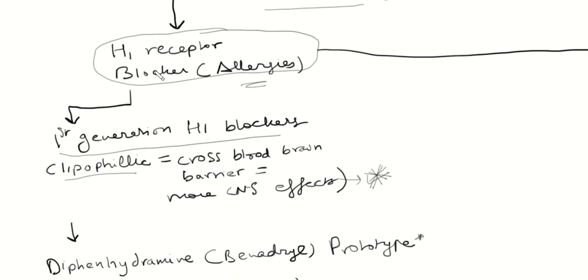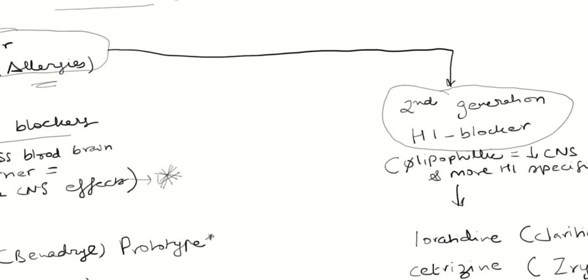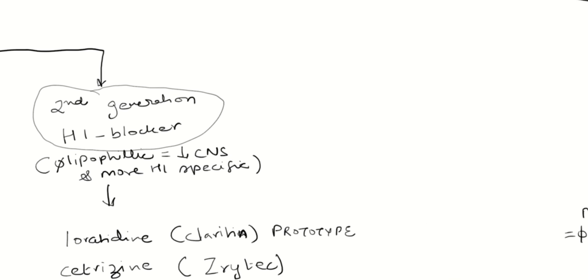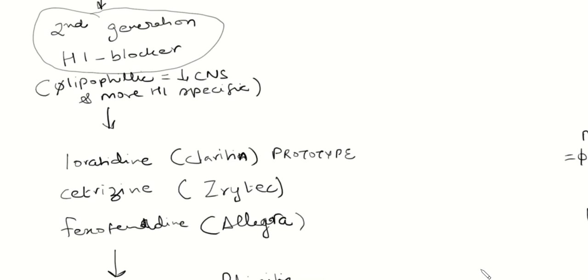Okay, so we talked about the H1 receptor blockers and we talked about the first generation. Well, let's talk about the second generation, the newer ones, the newbies. They are not lipophilic, so they don't have as much CNS or central nervous system effect, and they're more H1 receptor specific.